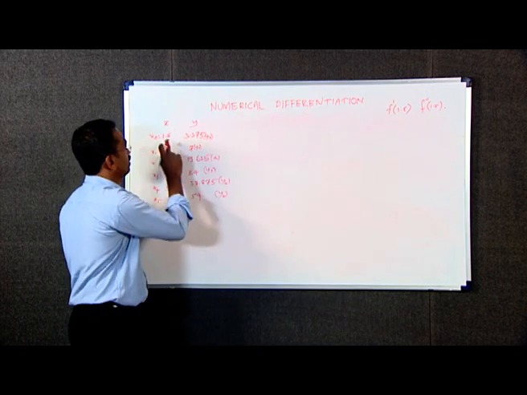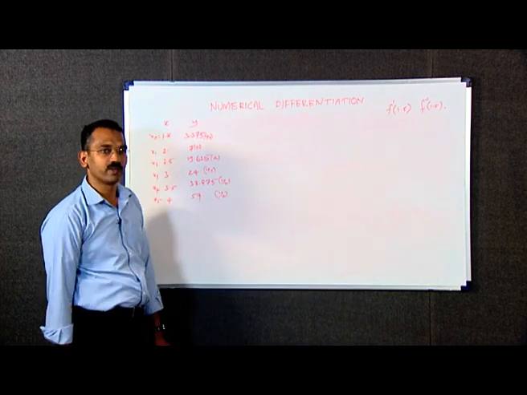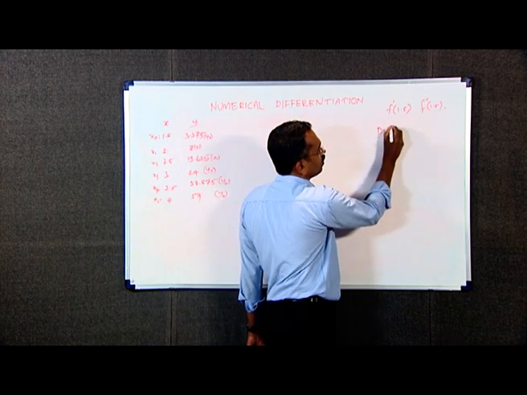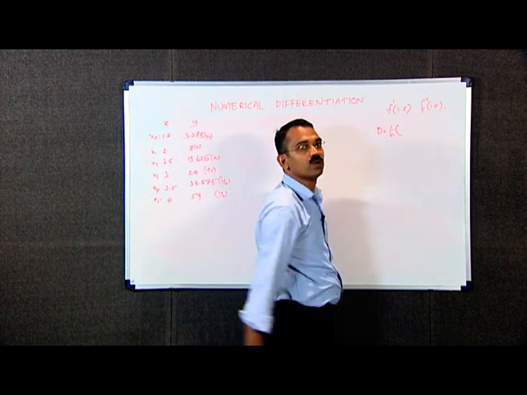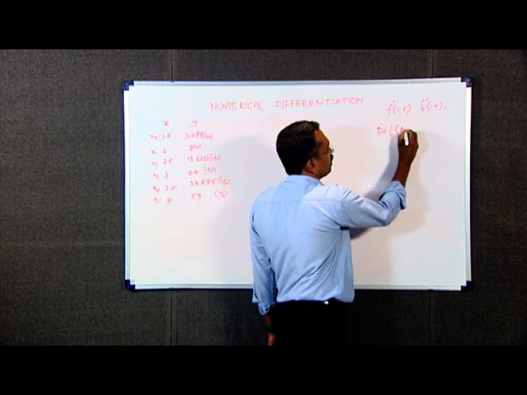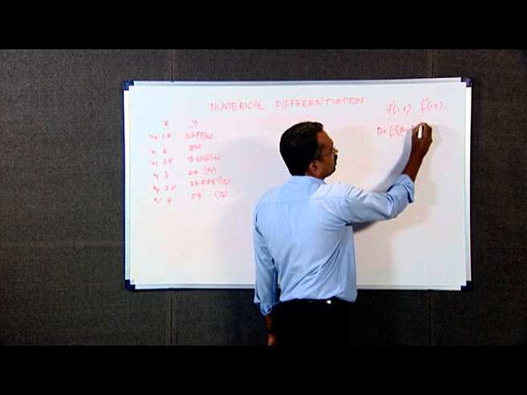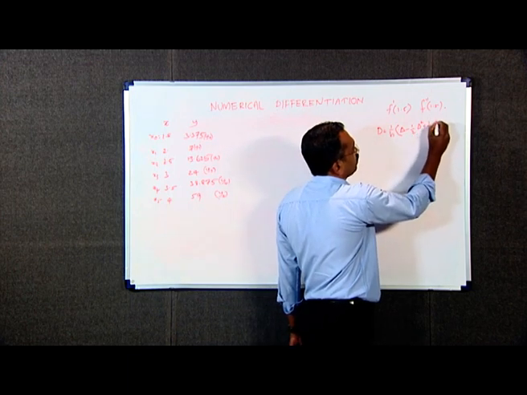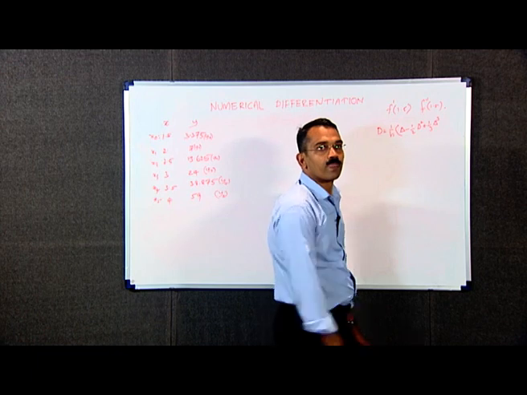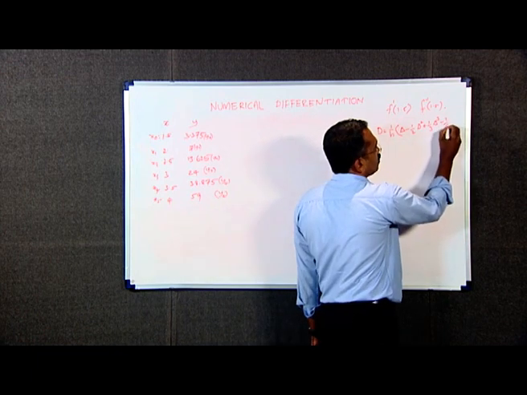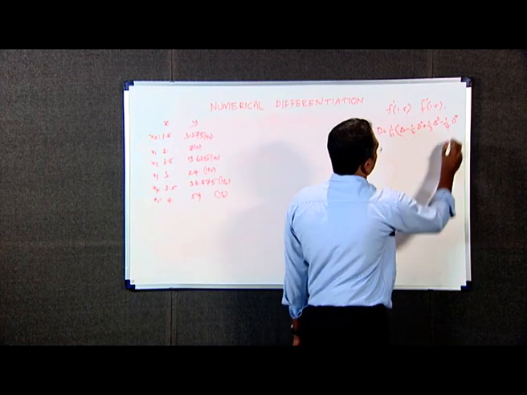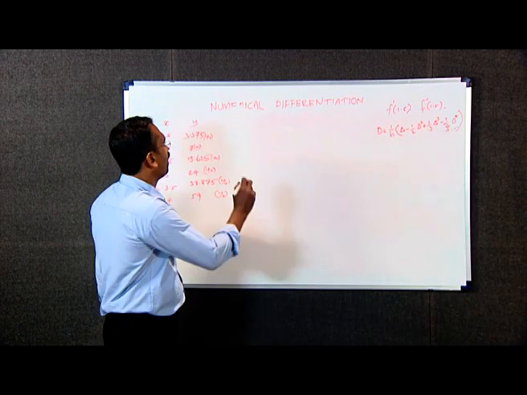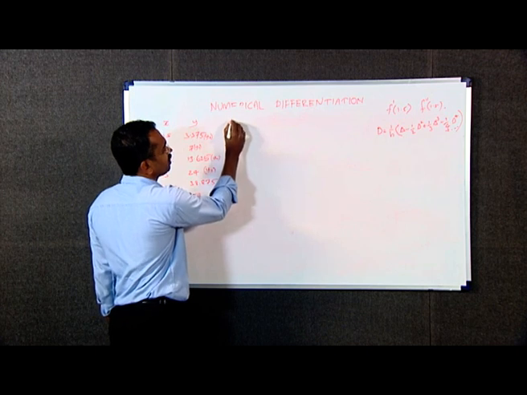Here 1.5 is our x naught. Therefore, we can use the formula D equal to 1 by h into delta minus 1 by 2 delta square plus 1 by 3 delta cube minus 1 by 4 delta raised to 4 plus etc. First of all, we have to construct the forward difference table.